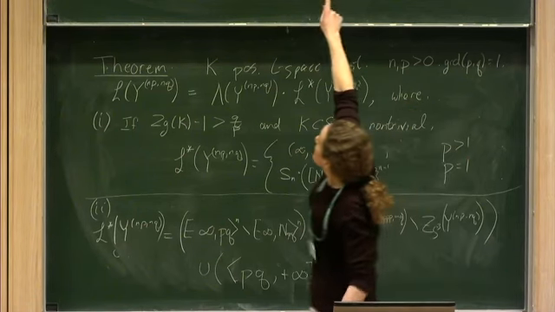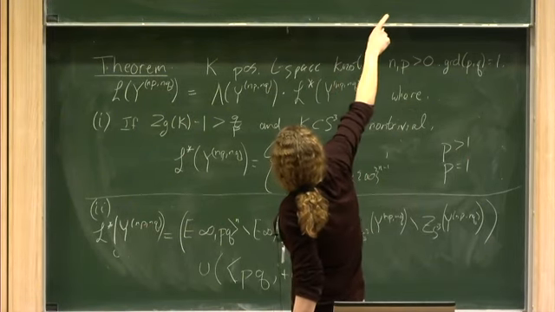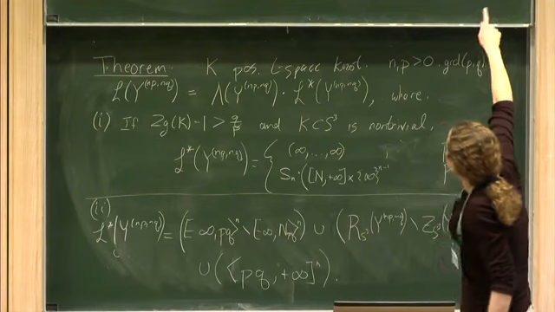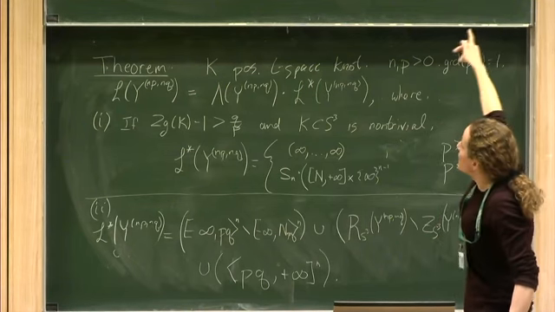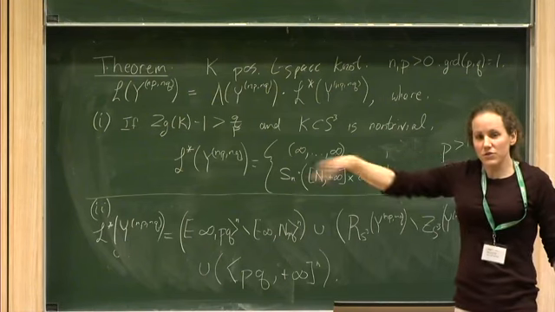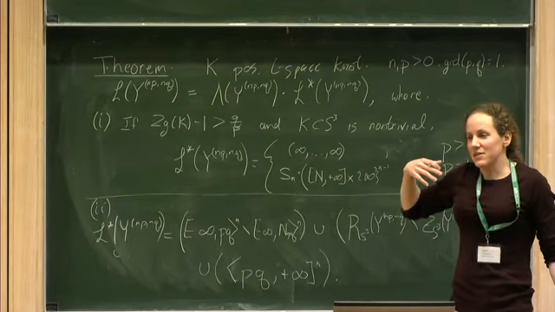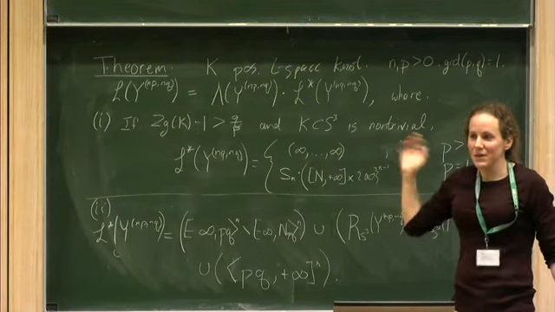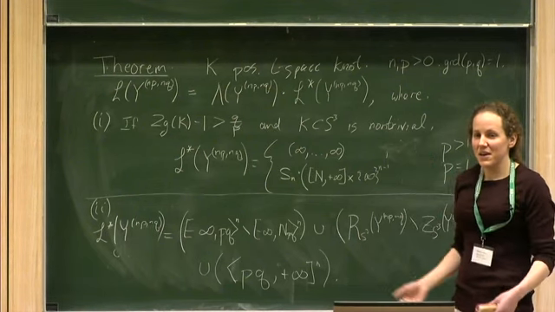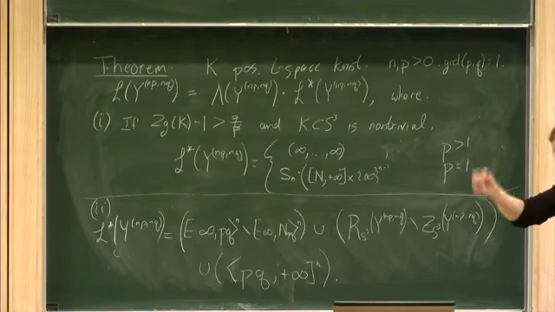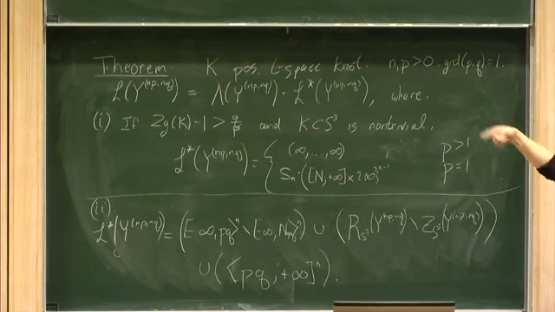So in the cabling result, it didn't matter. There's only one behavior for p equals 1, and that's just that you get your original knot back, right? If you take the p equals 1 cable of a knot, you just get your knot back, because you're just changing the framing and the winding number of this one guy, and when there's nothing to wind around, it doesn't do anything.